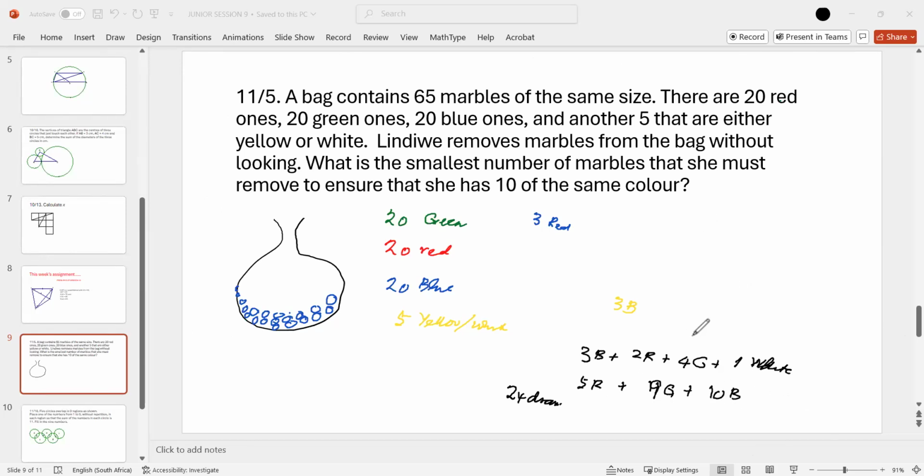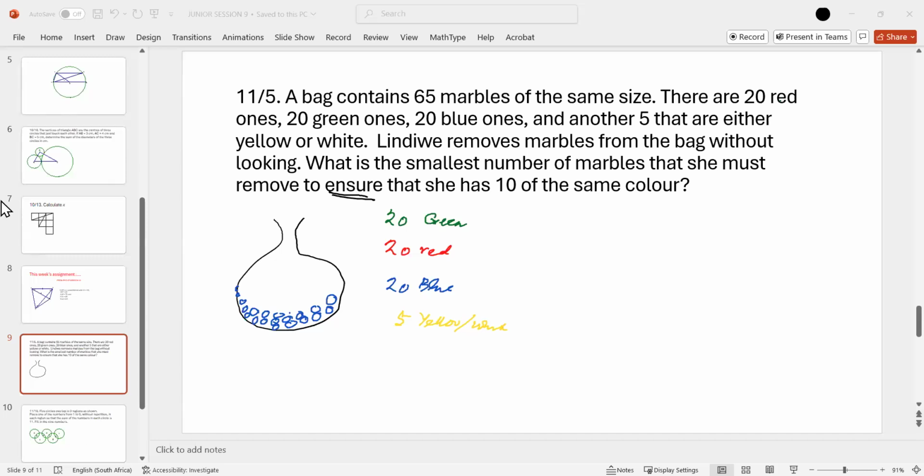Now the question is, you want to guarantee that you have 10 of the same color to ensure, right? You want to guarantee that. So you have to consider the worst possible case. Be a total pessimist and say, well, if the thing is really bad, then what you could have done is the following.